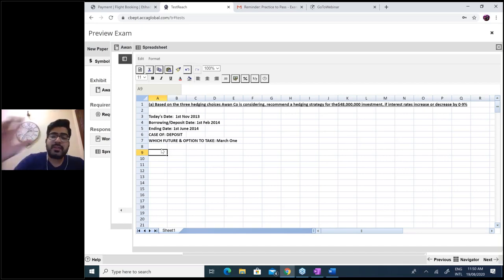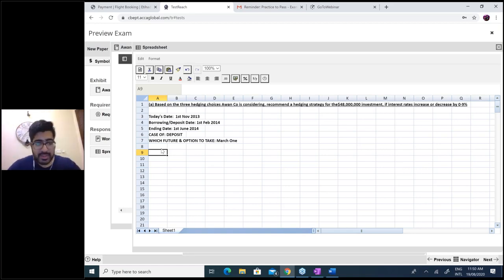And all these end on the 30th: 30th December, 30th March, 30th June, 30th September. Let's suppose you need to borrow or deposit in November. There's no future or option for November, so you need to take December.